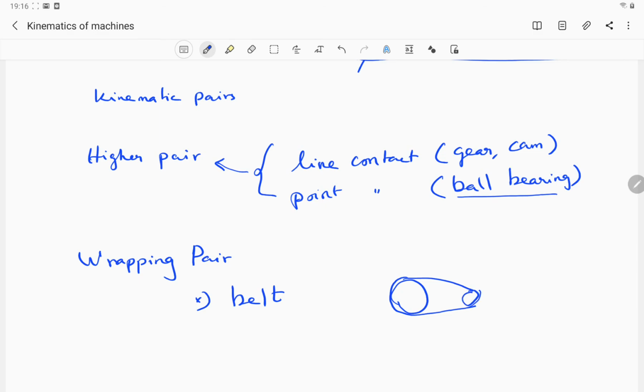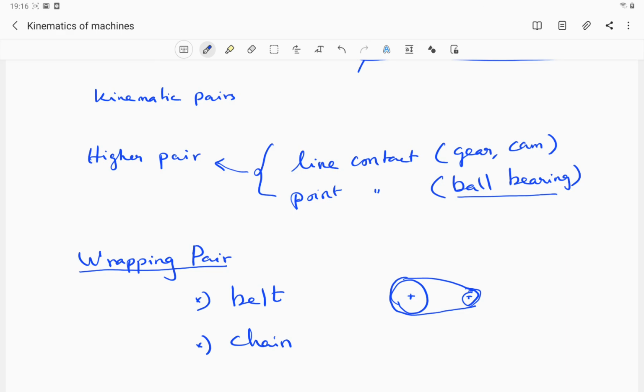Such a mechanism is a wrapping pair. Another mechanism is a chain, like the chain we see in our cycles, which is also a wrapping pair. In this course we will not consider wrapping pairs much. We will mainly focus on mechanisms with higher pair and lower pair.